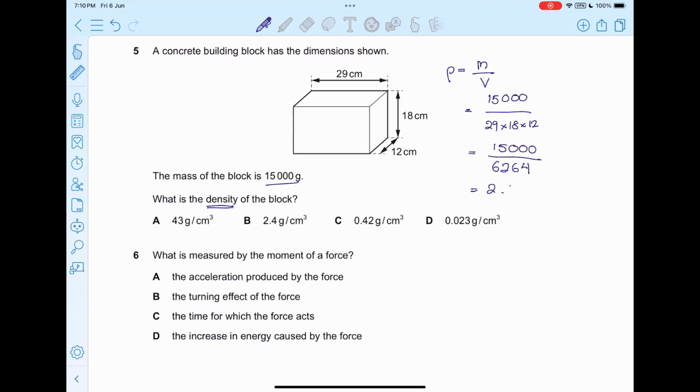Since the unit is in gram and centimeter, it should be gram per cm cubed, so it's B. 5 is B.